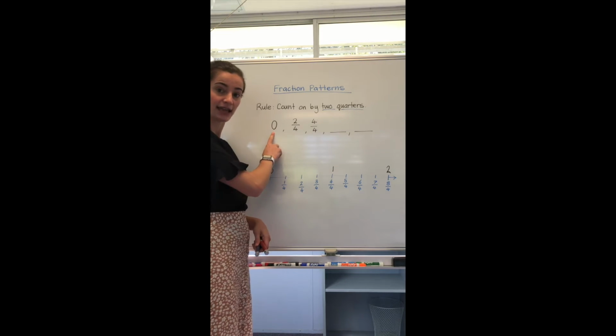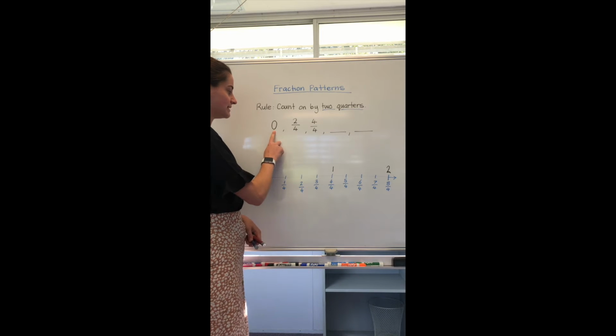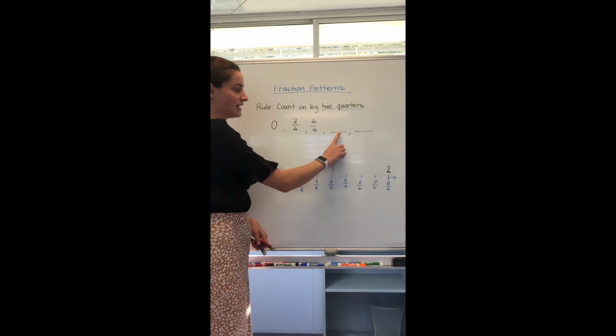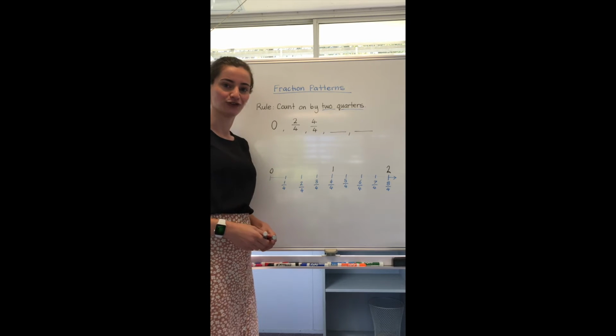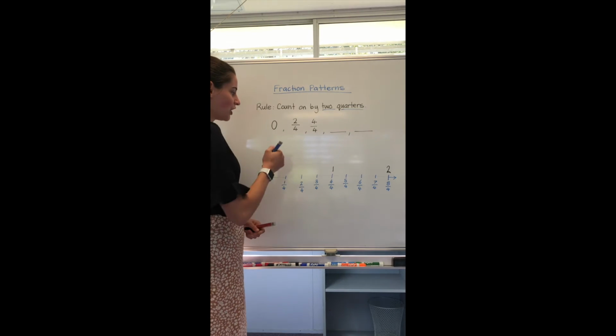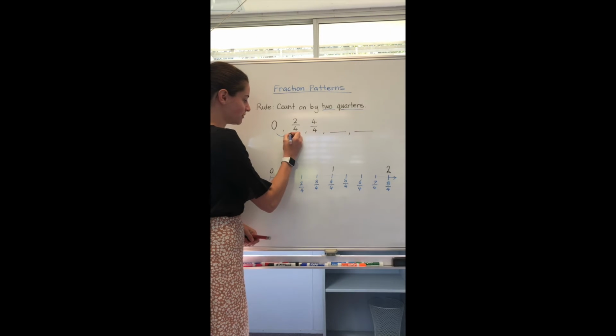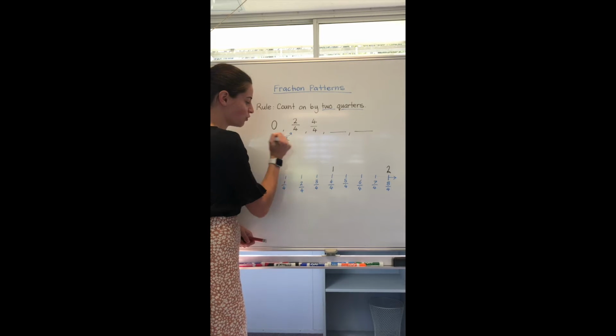We are starting at 0, that is our first term. 0, 2 quarters, 4 quarters, and then we have our 2 unknown numbers. In this number pattern, when we go from our first term to our second term, we are adding 2 quarters.